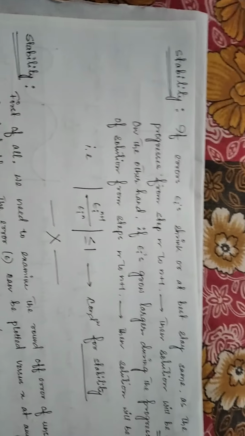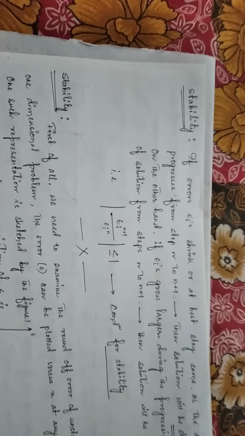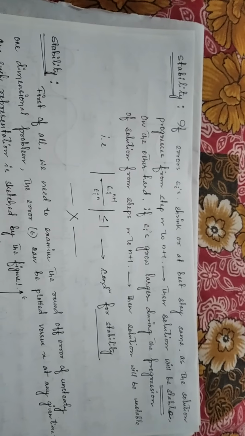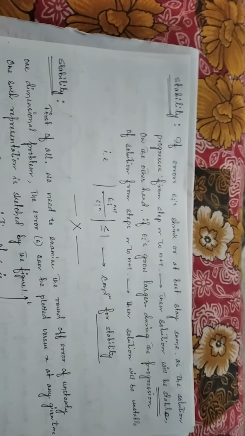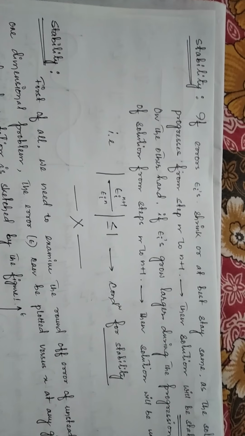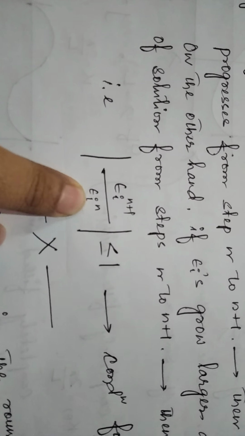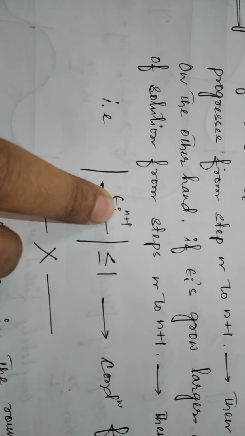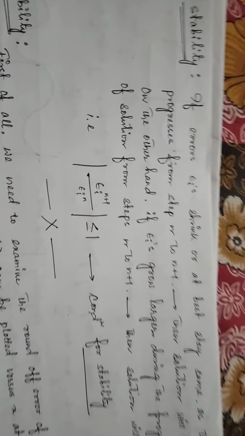Now we come to another part, stability. Stability is connected with the error. We denote by E_i^n the error at time t, and E_i^(n+1) the error at the next time step, n plus 1.